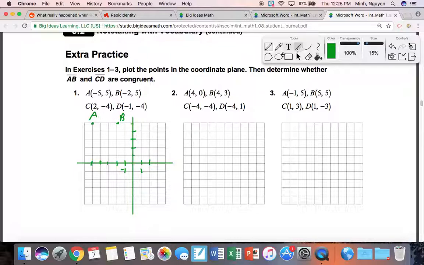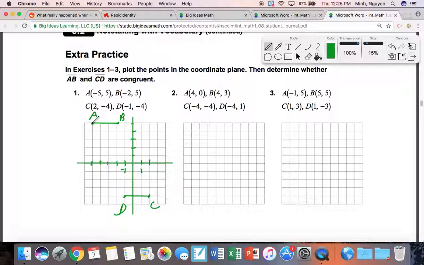So it says plot the points, then determine whether segment AB and segment CD are congruent. That means I have to connect the dots. 2, -4, 1, 2, 3, 4. C, and -1, -4. D. So again, like I said, we literally just have to count the number of units.